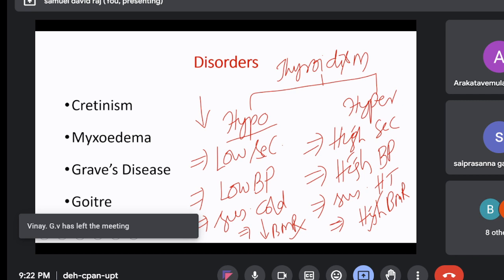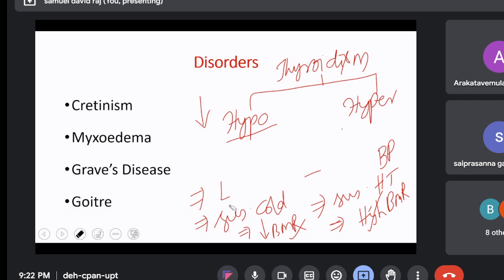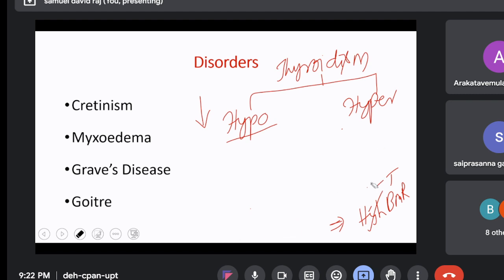Now coming to what these are going to result in. When the thyroxine hormone is secreted in low quantities, it results in two kinds of diseases. One occurs in children, the other in adults.